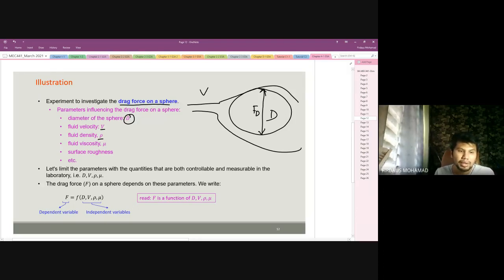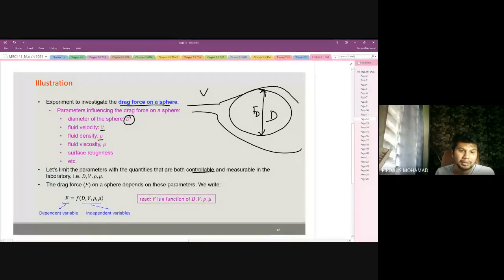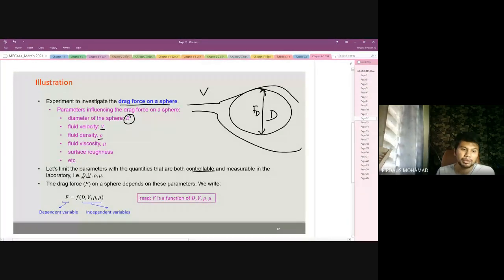Okay, so let's limit the parameter with the quantities that are both controllable and measurable in the laboratory. For example, diameter kita boleh control, velocity kita boleh control, rho kita boleh control sebab kita boleh guna water, kita boleh guna air. So in that we can control rho and also of course the viscosity.